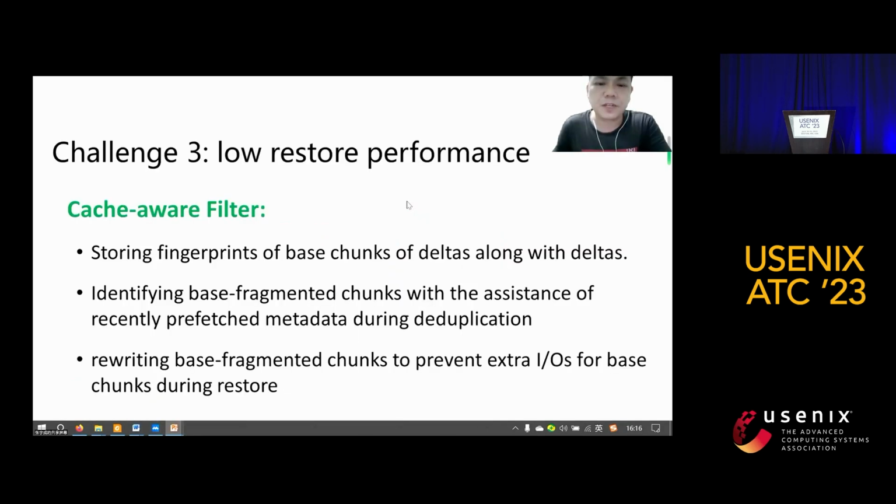We propose a cache-aware filter to identify base fragmented chunks with the assistance of recently prefetched metadata during deduplication. Identified base fragmented chunks are rewritten to avoid I/Os for base chunks during restore to improve restore performance.